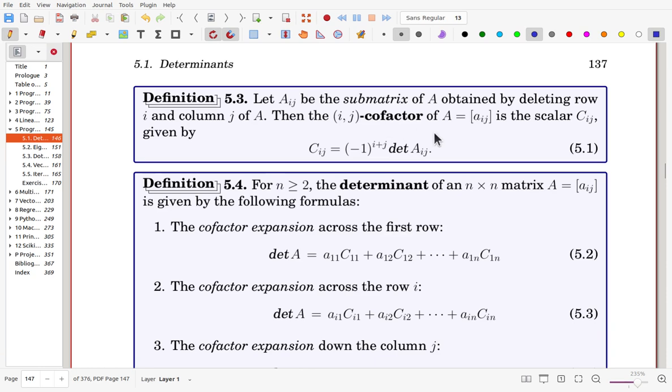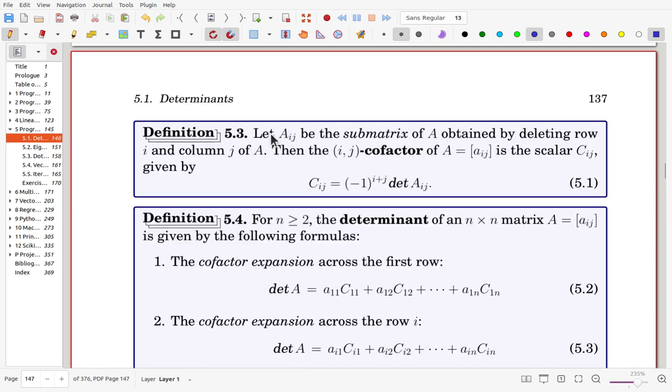A_ij is the submatrix of A obtained by deleting row i and column j of A. I'll visualize the submatrix. The matrix A is given, then here that is a11, a12, up to a1n. Below is a21, and going down, an1.